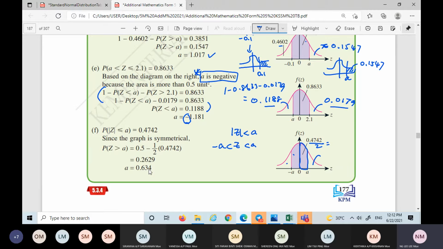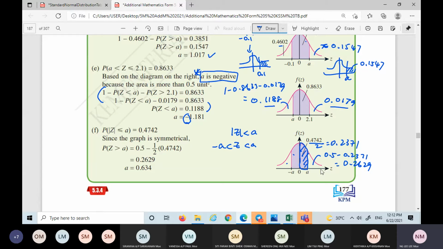Oh, it's here. Okay, so this one you get 0.2371. Then this one is 0.2371, the shaded one. So I get this by using 0.5 minus 0.2371. So the answer is 0.2629.